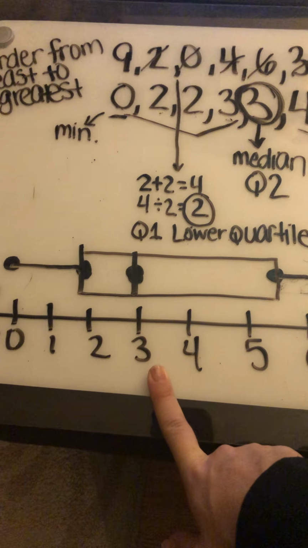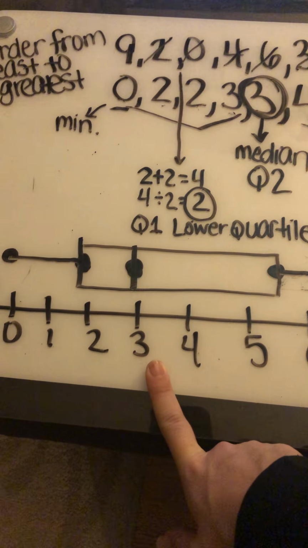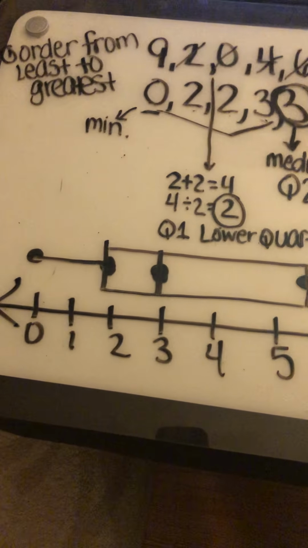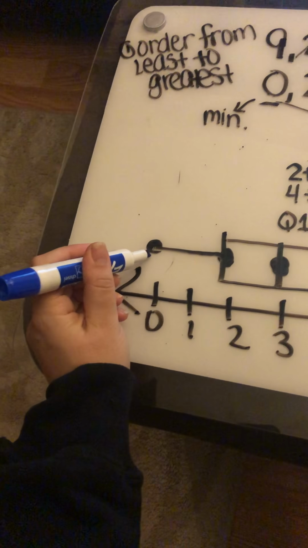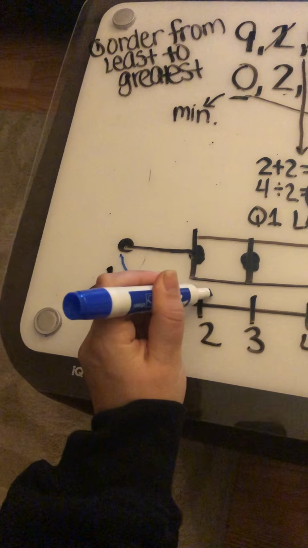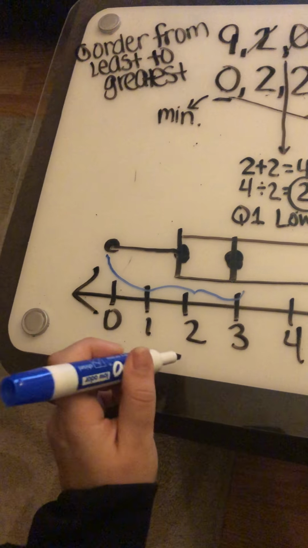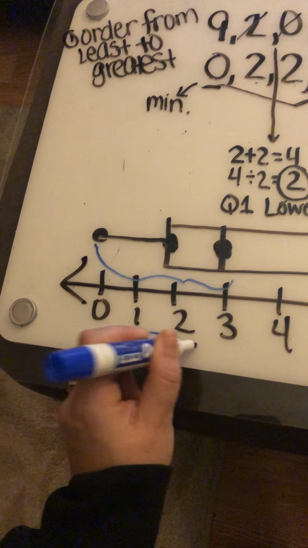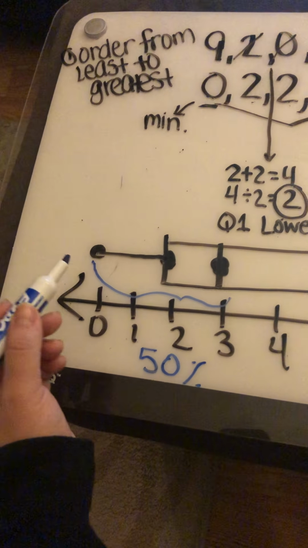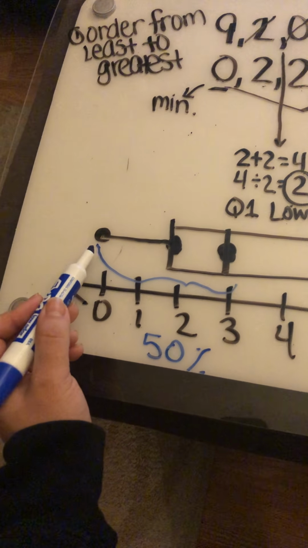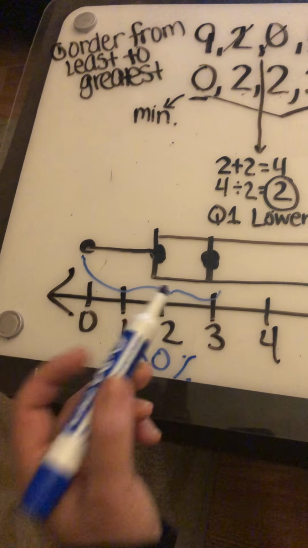The next question says 50% of students have between blank and 3 pets. So remember, 50% is going to be when you go from your minimum to quartile 2. Okay, this is 50%. So 50% that have pets would be from 0 to 3.